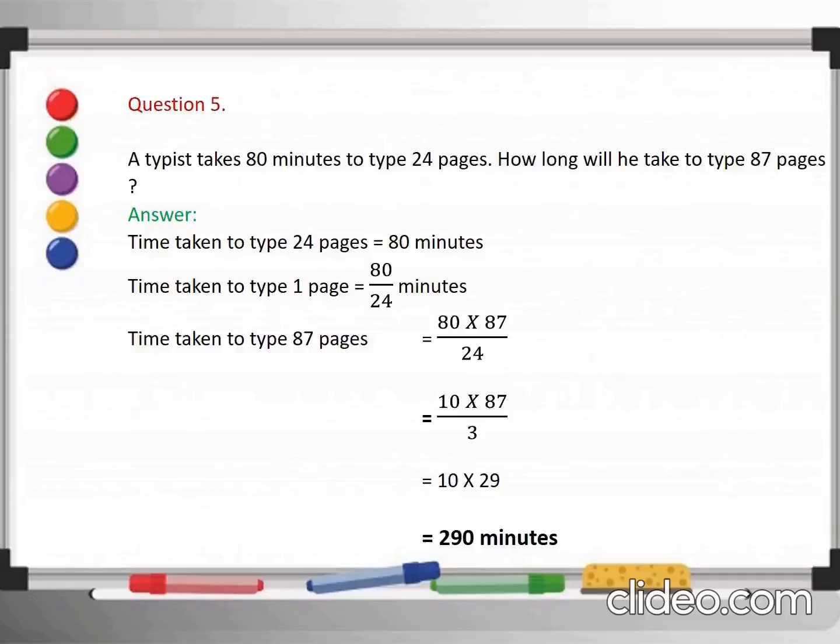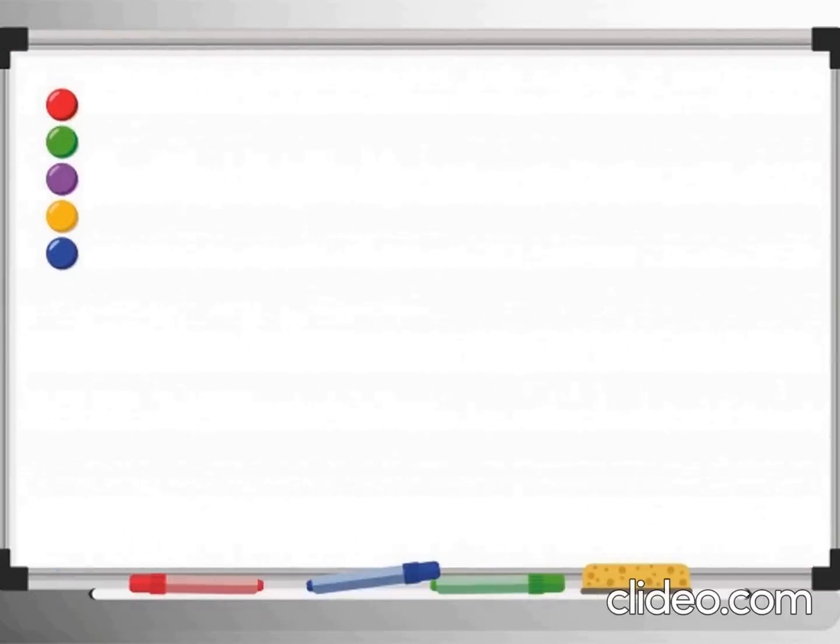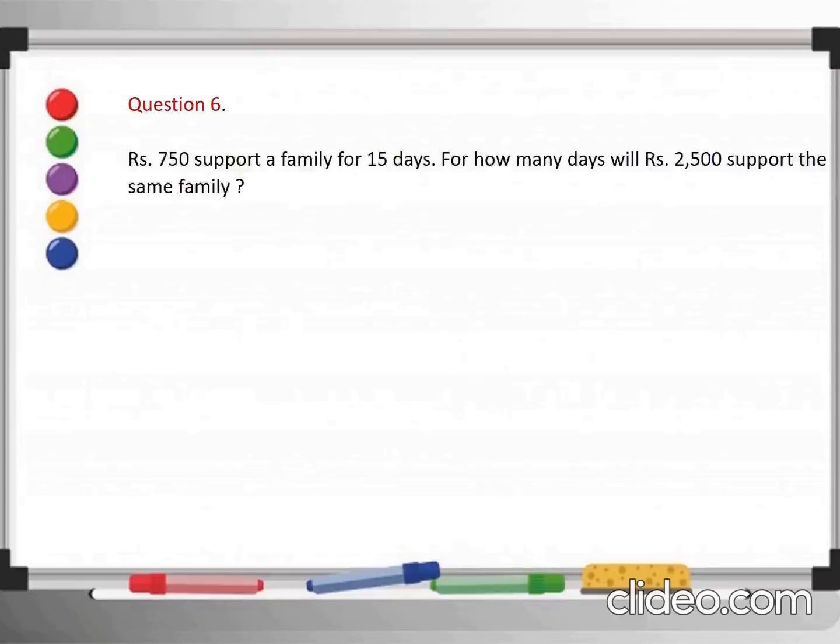Now next question, question number 6. Rupees 750 support a family for 15 days. For how many days will rupees 2500 support the same family? Here, the number of days a family can be supported on rupees 750 equals 15 days.